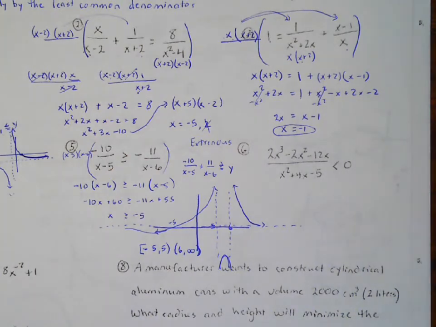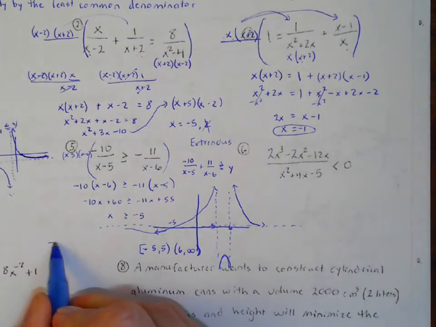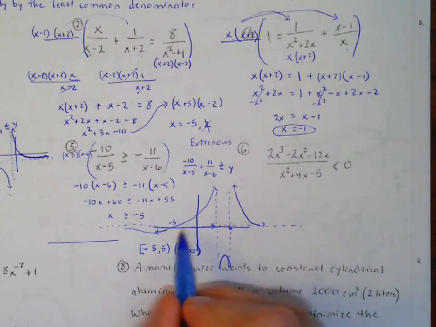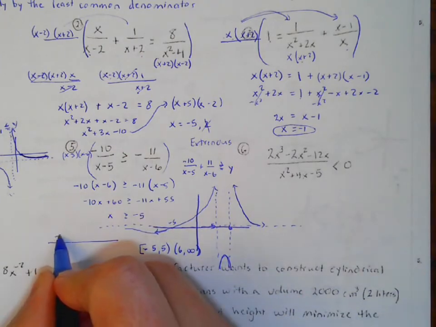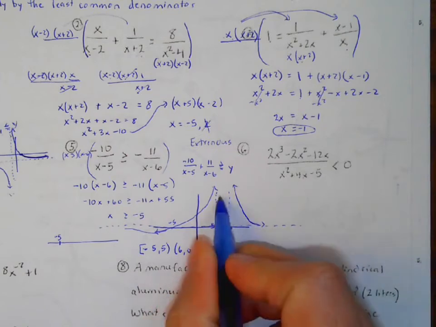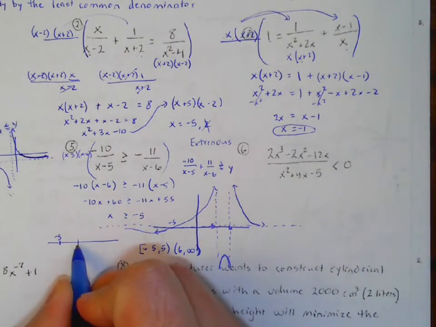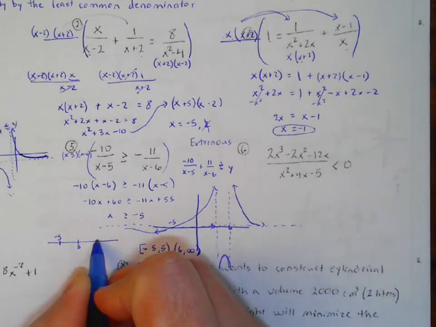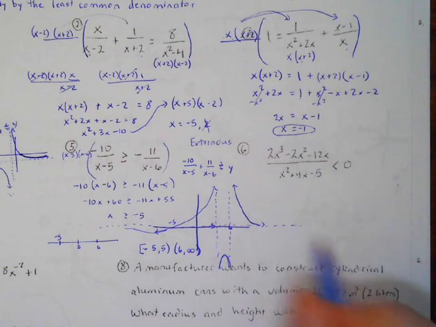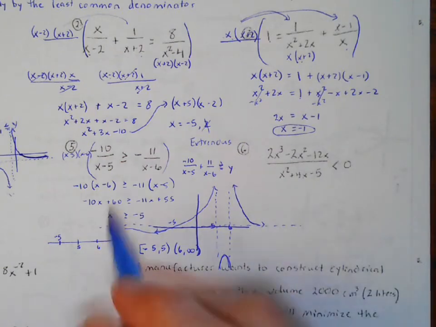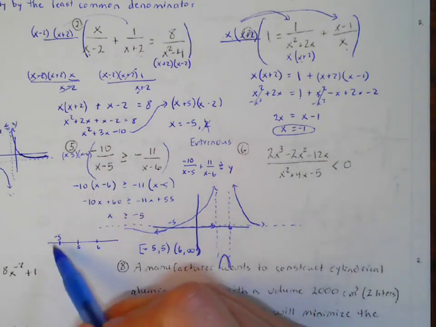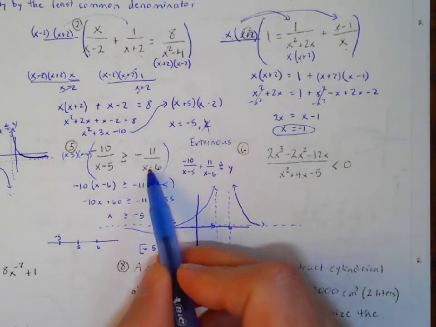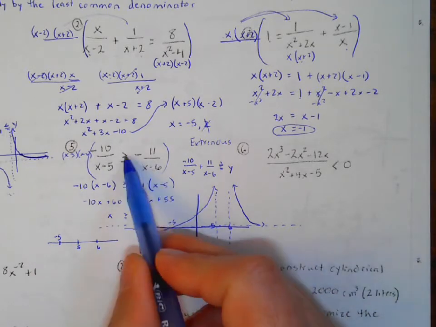Another way to think about that is to make a little chart. I know there's a sign change possible at negative 5, and also another sign change at 5 and another at 6 due to the asymptotes. You could take a number less than -5, like -10, plug it in, and see if this side is greater than this side, which it is not.